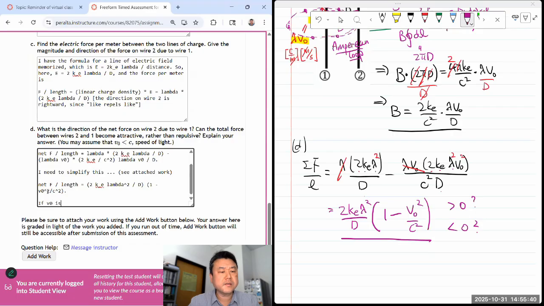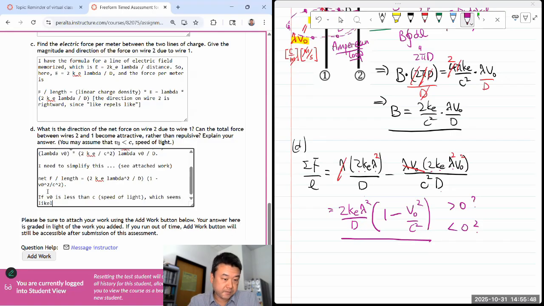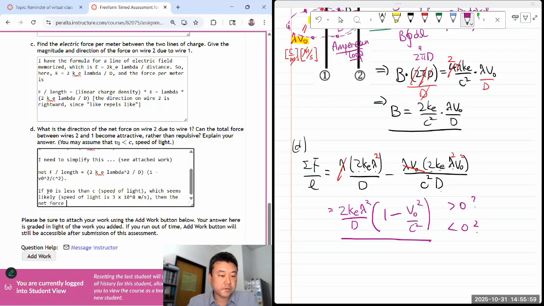If v naught is less than c, the speed of light, which seems likely, the speed of light is 3 times 10 to the 8 meters per second, then the net force is positive and directed to the right.